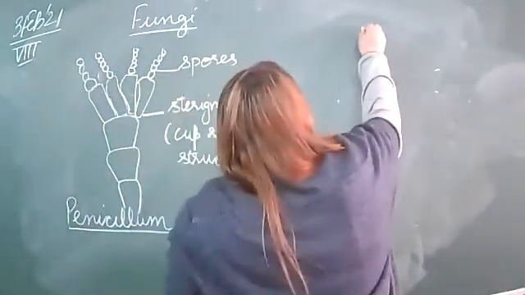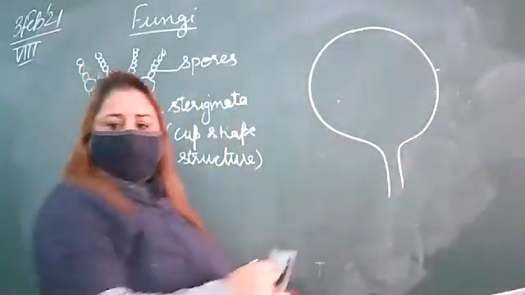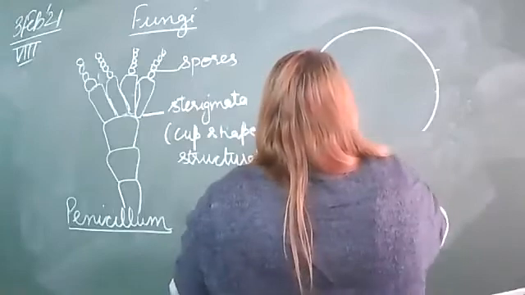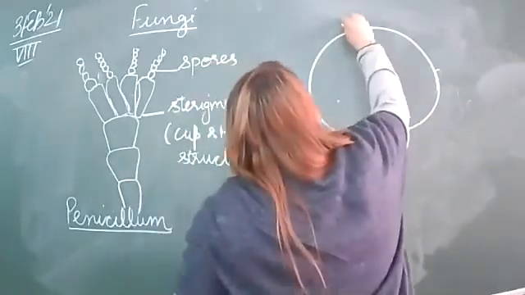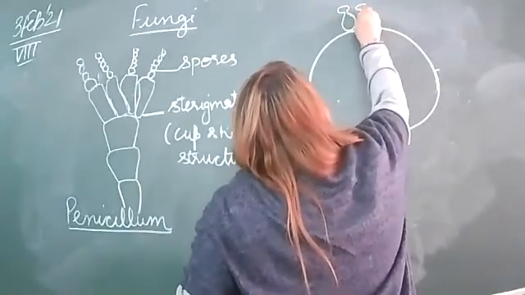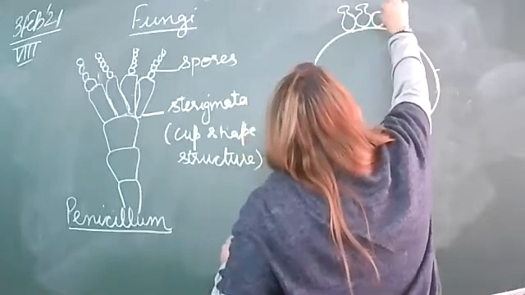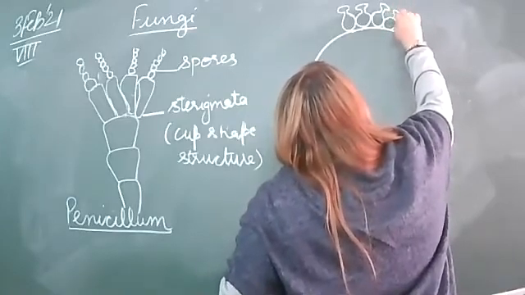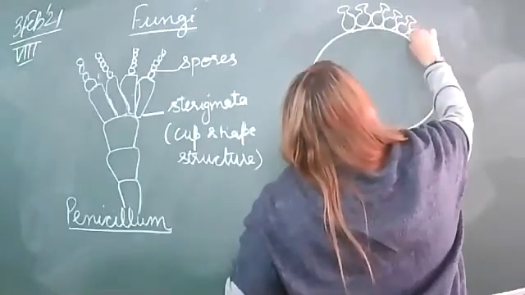Then the second one, Aspergillus. These are sterigmata, means cup shape structure.